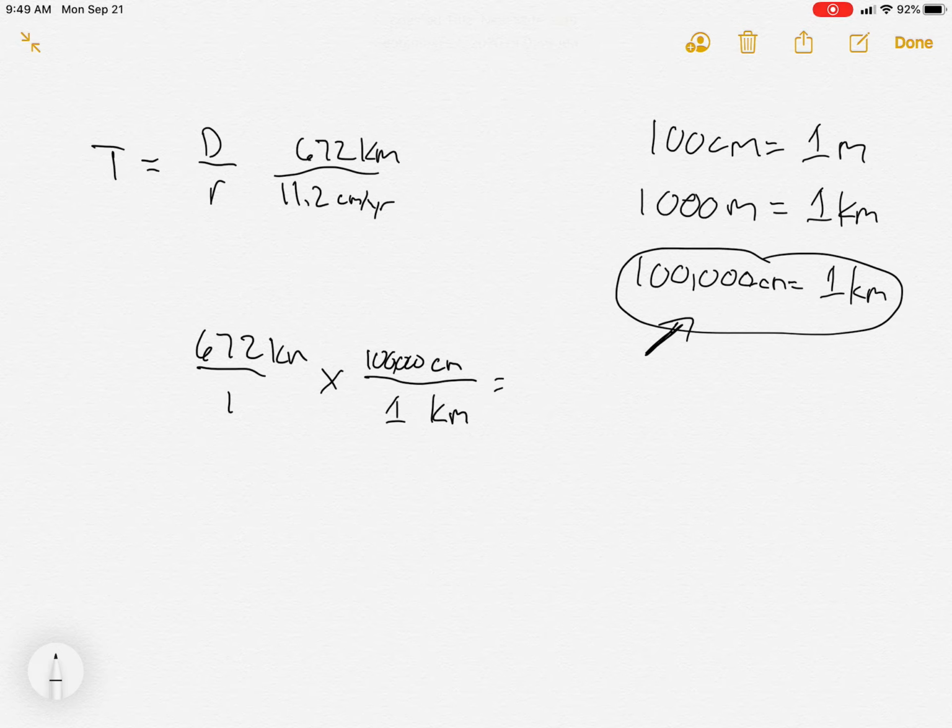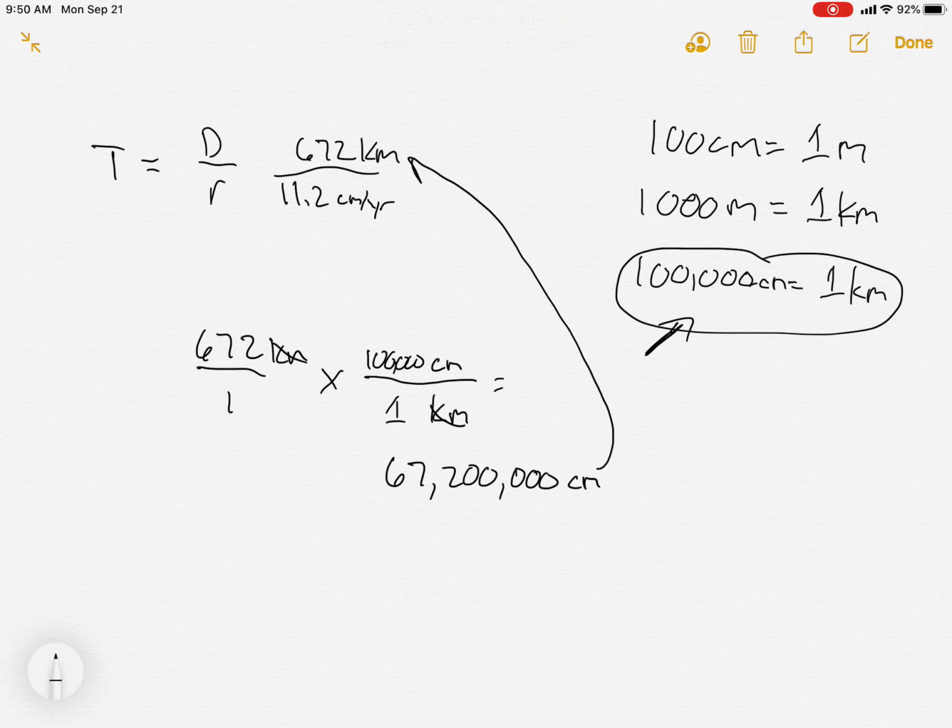So multiply 672 times 100,000. Of course, these will go away. And so when we do the 672 by 100,000, we get our dreaded 67,200,000, and that's in centimeters now.